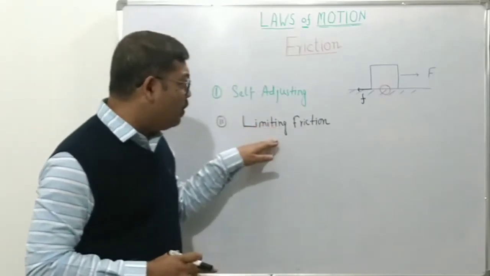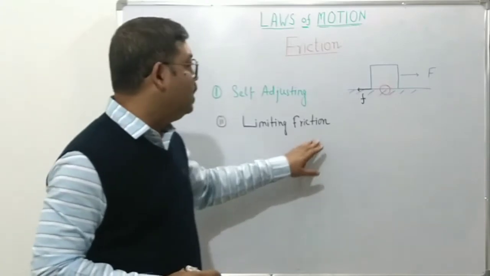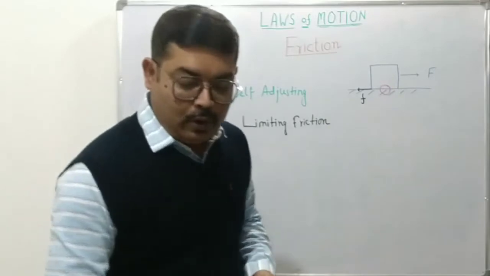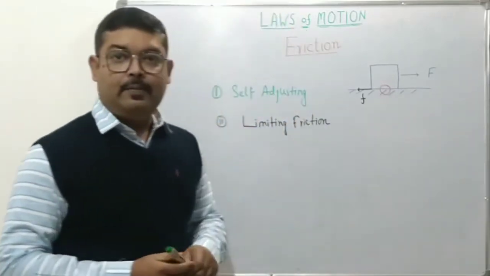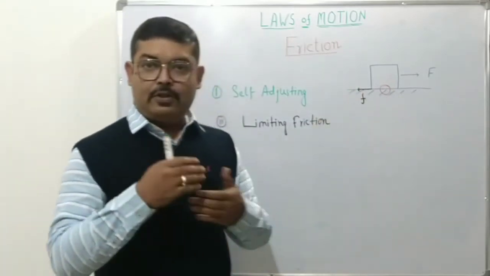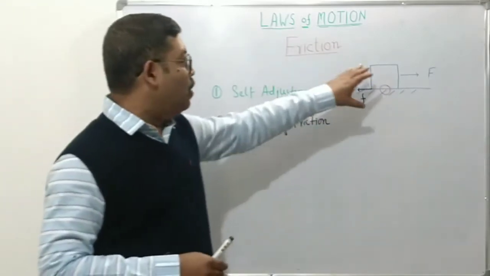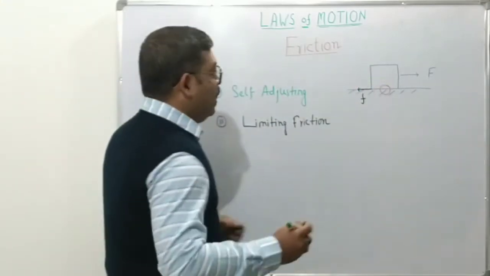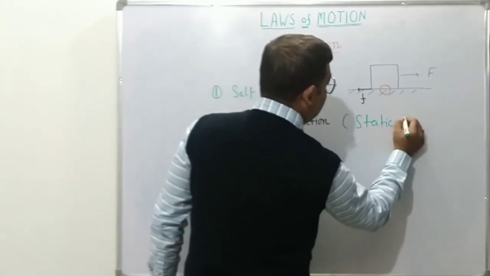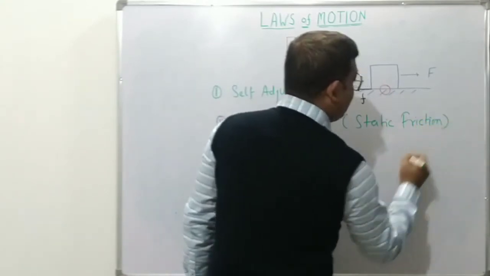Now, as long as the applied force is less than the force of limiting friction, there will not be any sliding between the two objects. Even though frictional force is developed, there is no relative motion between the two surfaces, or in other words, the object is static. That's why this type of friction is known as static friction.